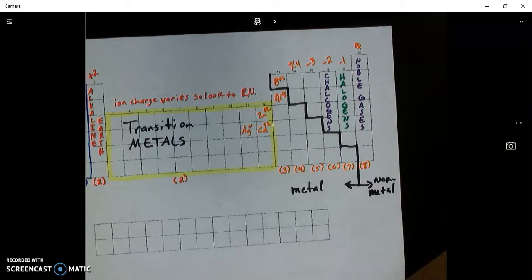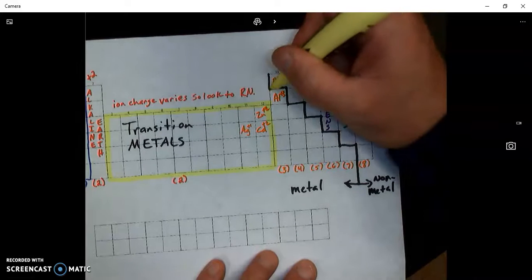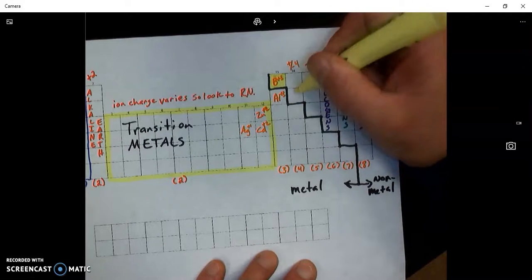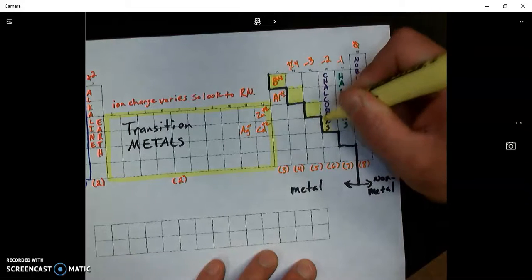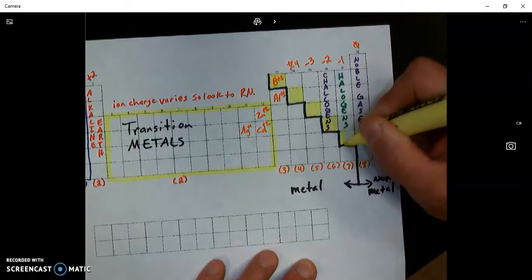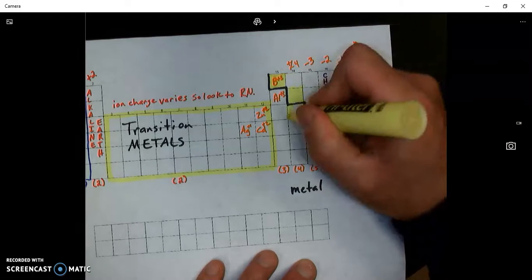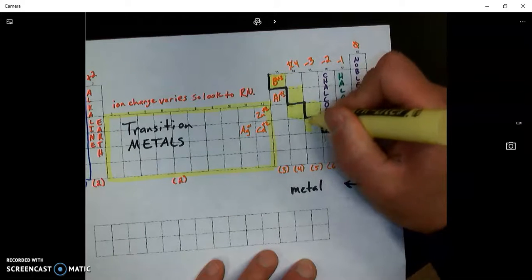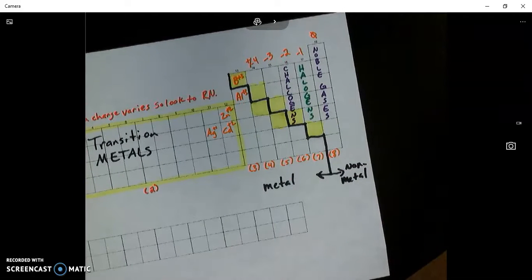Next thing I asked you to do was to highlight your 7 metalloids. That would be these 5 blocks on top. 1, 2, 3, 4, 5 on top. And then these 2 blocks, the germanium and the antimony, on the bottom.